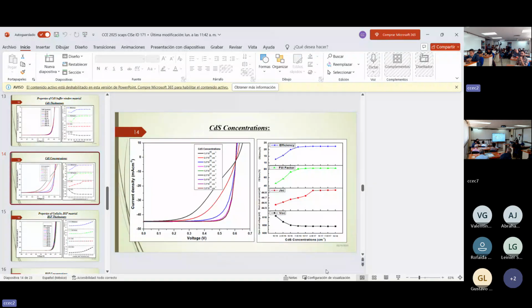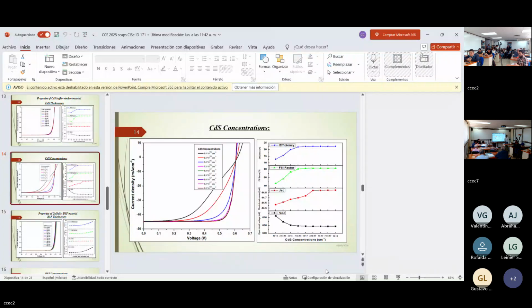In a simulator you can do whatever you want, but in the real thing, this is not possible. Yes, you are right. What I wanted to do with the simulations was find the optimum values so that I can start practical work from that point. That was my idea. Okay, thank you.